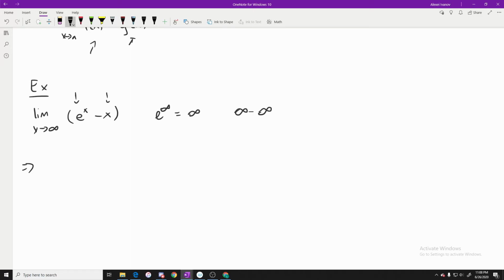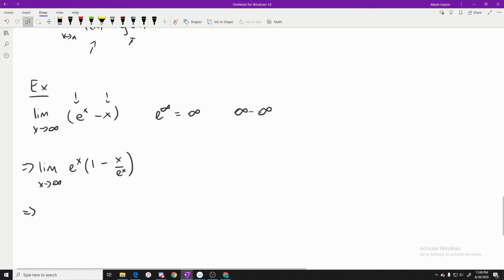I'm going to factor out e to the x because it's the leftmost one, but the solution would be the same factoring out the other term. So let's factor out e to the x. We would end up getting 1 minus x over e to the x.